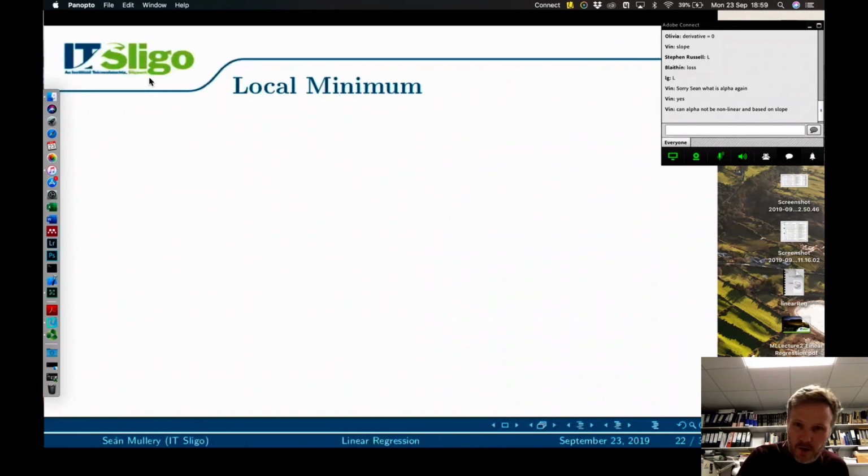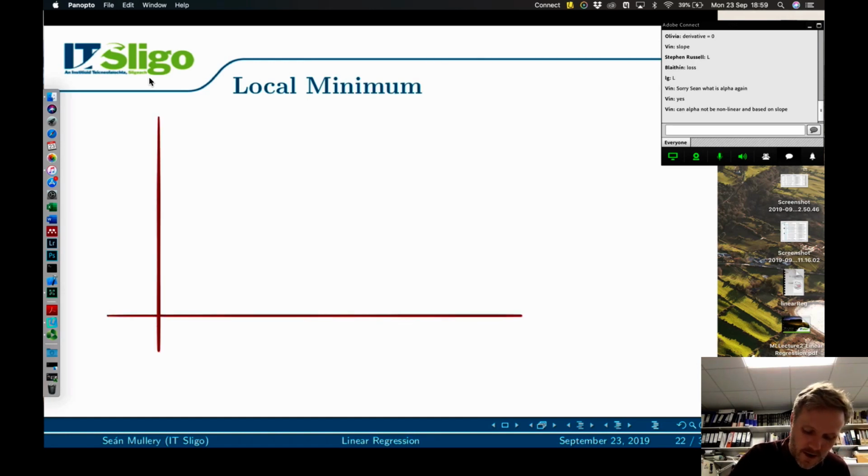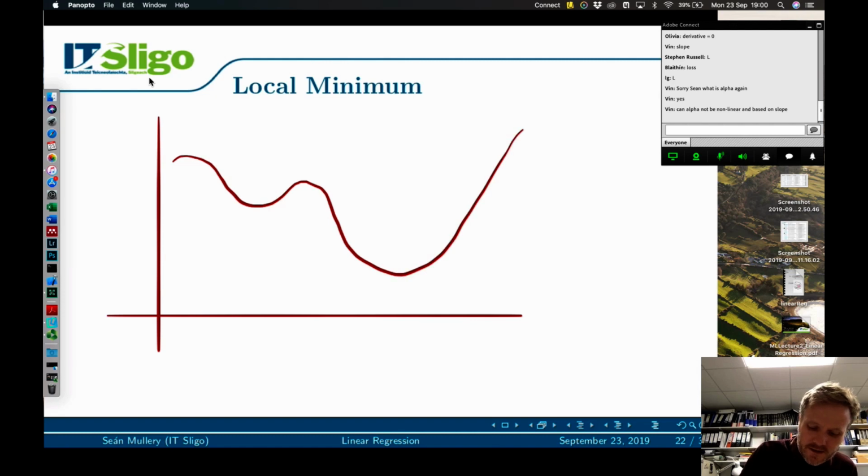Now, there are a few problems with this. It doesn't happen in this particular case, but in other types of models it may happen. And it's where we can have something like this. What you can see is that we have plenty of points here where we have a slope equal to 0.